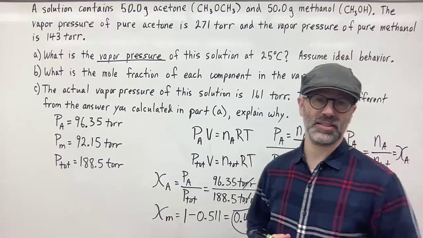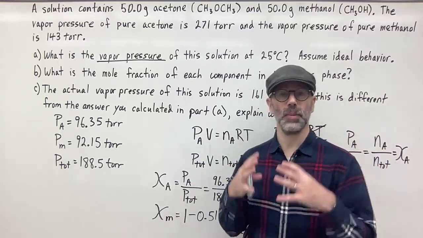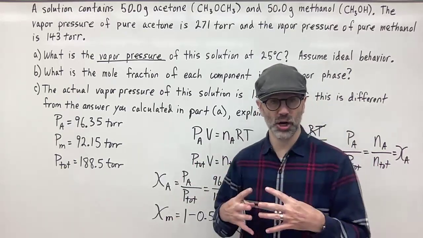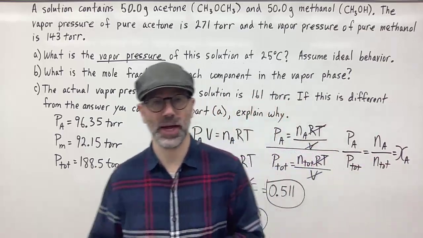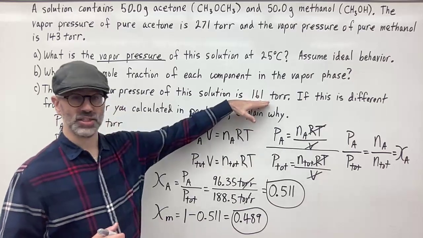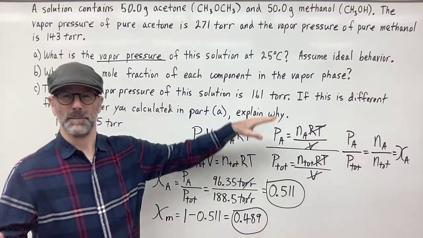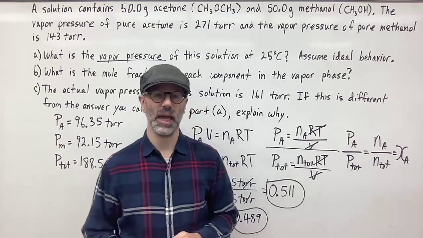Therefore, that indicates that the intermolecular forces between the particles when they are mixed together are actually stronger than when they're separated. And so that would explain why we have a lower vapor pressure of 161 in reality, based upon what we calculated assuming ideal behavior.